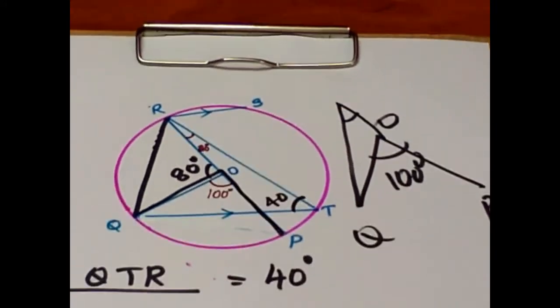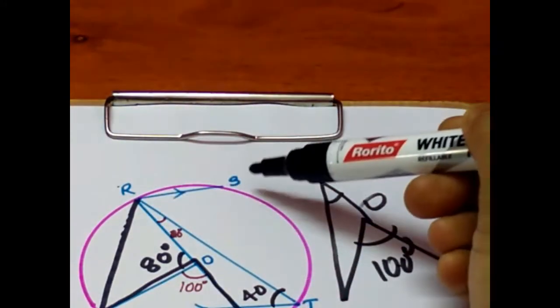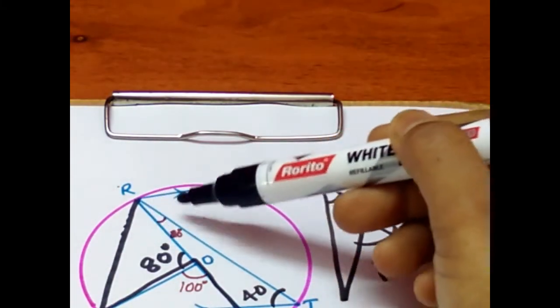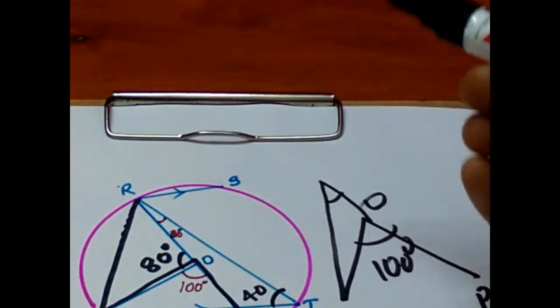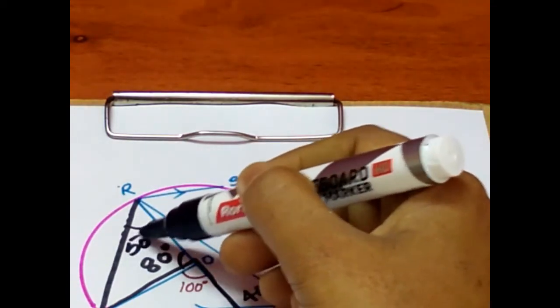Next, angle QRS. Angle QRS is divided into three sub angles. So, let us find the measure of each angle. One angle, we have just calculated as 50 degrees.